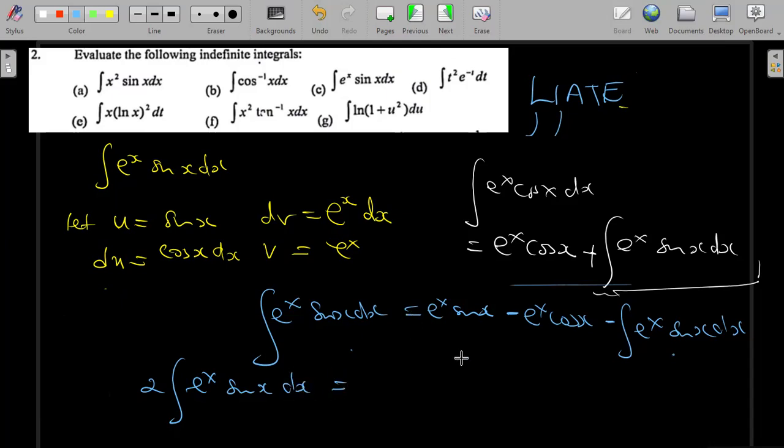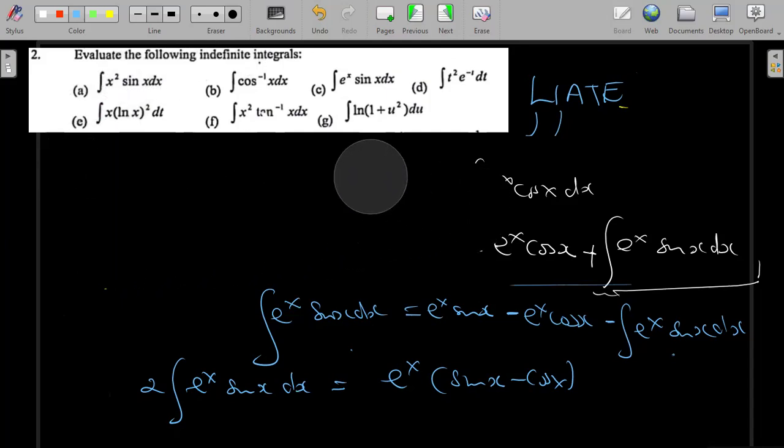Then on this side here, I get e to the x times sine x minus cos x. Now I divide the 2 throughout, meaning on both sides.